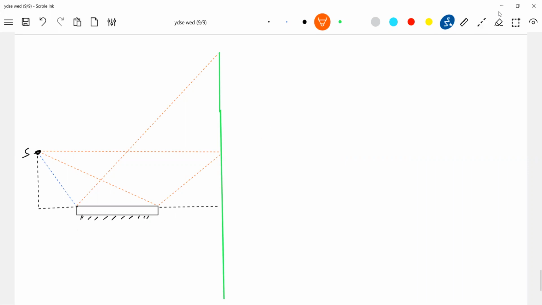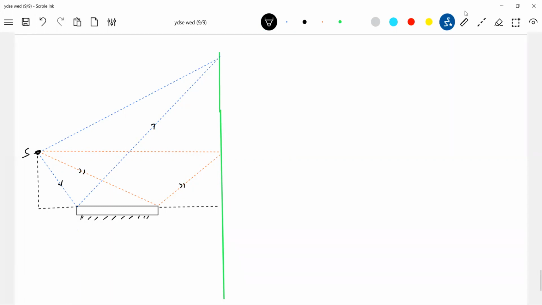So the ray here, again a direct ray, again a direct ray from here will come. So this is ray 1. This is ray 2.